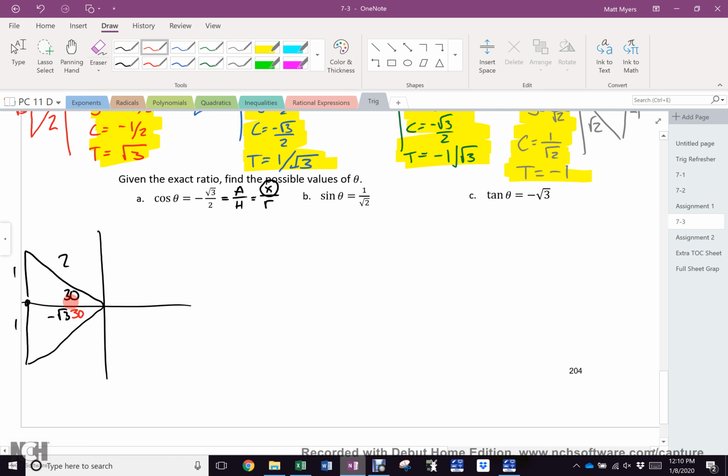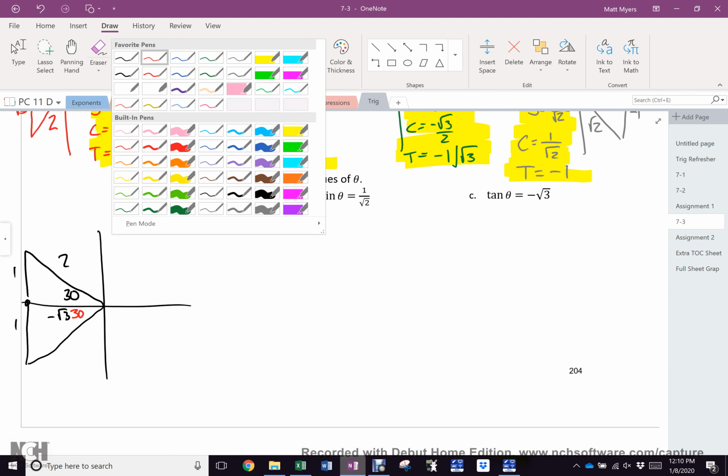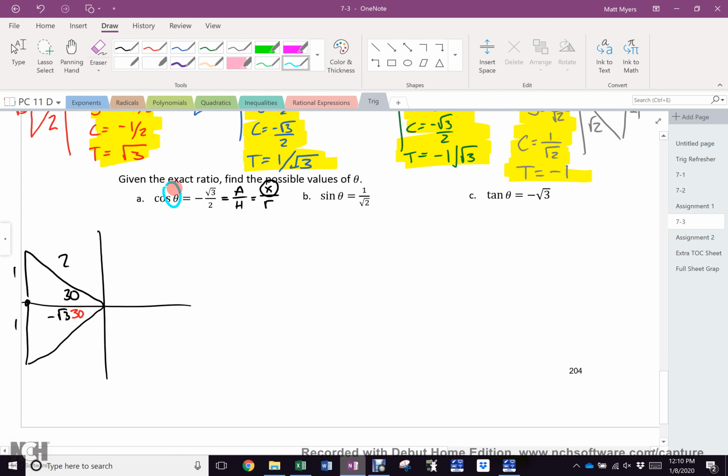Is either one of those theta? No, because where do we start counting for theta? From the x-axis, yes? So there's two options. What's the first one? Why is it 150? Right.